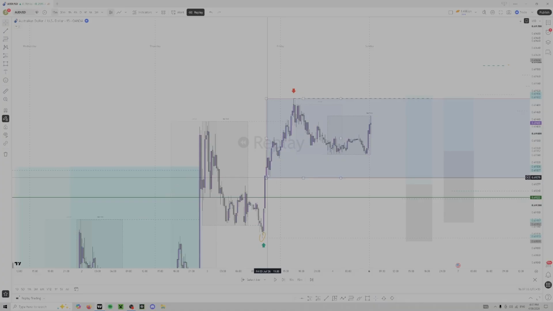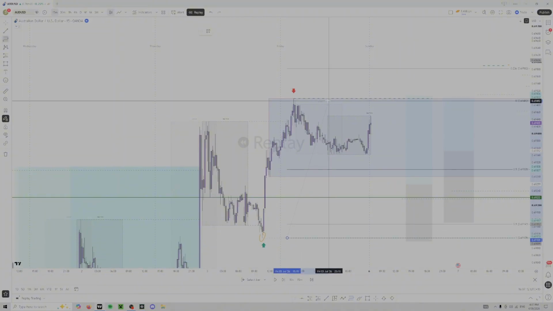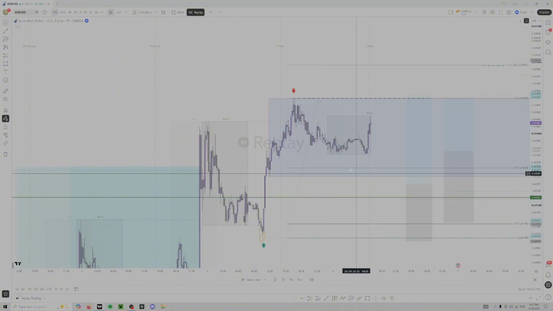I also think as well, if we just draw a fib from low to high, in a trend, you generally want to buy or sell on the other side of the 50%. That way, you kind of tilt the risk reward slash win rate, that whole metric equation in your favor.